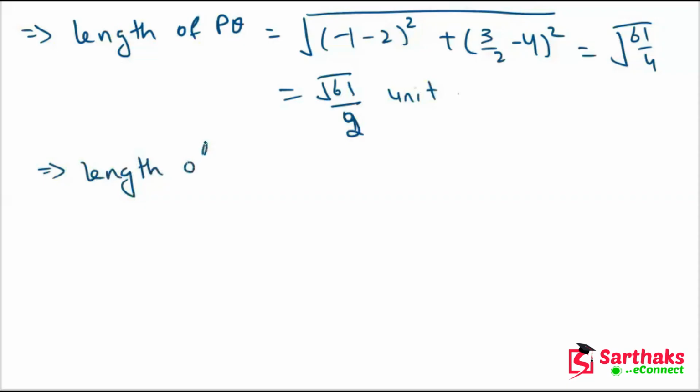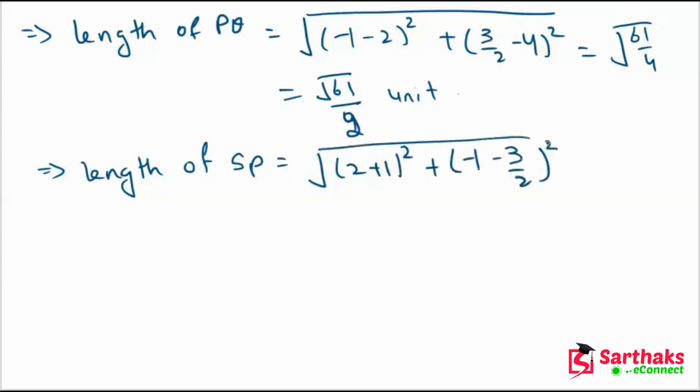Now the length of SP. We get 2 plus 1 whole square plus minus 1 minus 3 upon 2 whole square, which is 61 upon 4, giving under root 61 divided by 2.